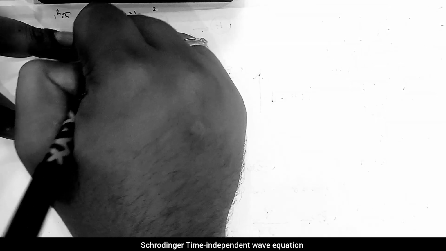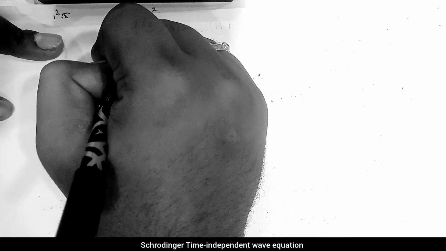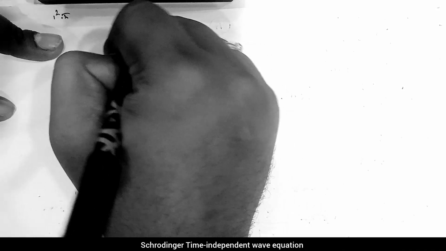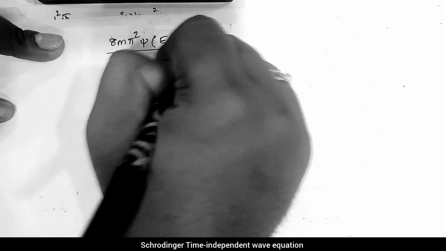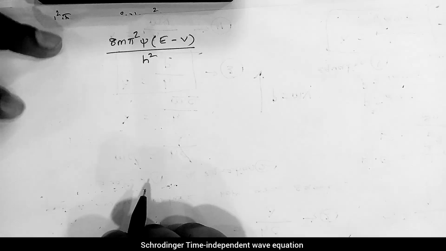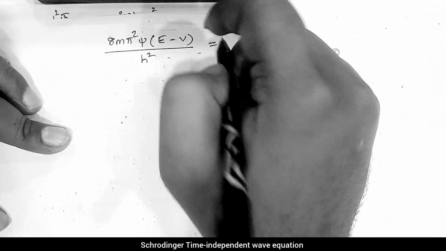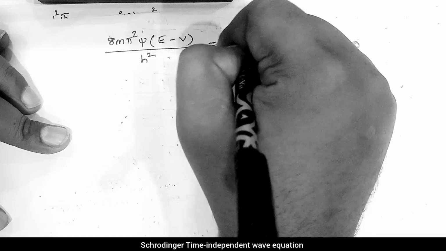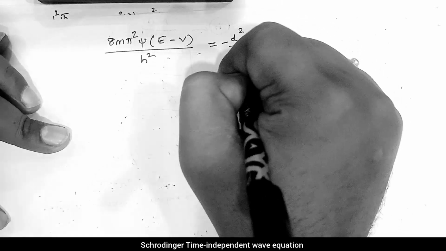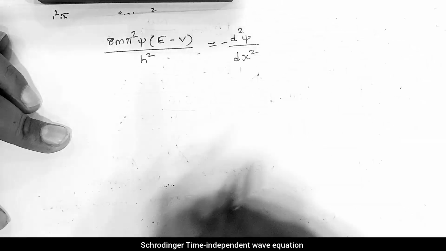Now what will be the equation? The equation will be 8m pi square into psi into E minus V divided by h square is equal to minus of d square psi divided by dx square.